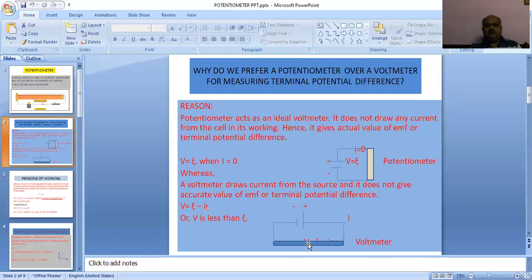So for this voltmeter, V equals E minus Ir, or V is less than E, or E is greater than V. Potentiometer works on null deflection method. Null deflection method means it does not draw any current from the source when it works.